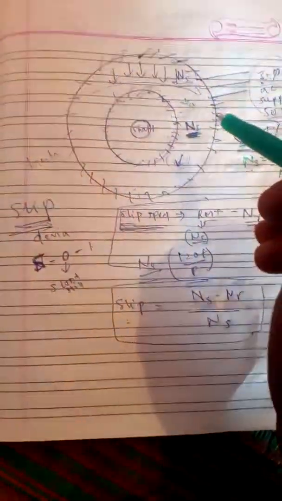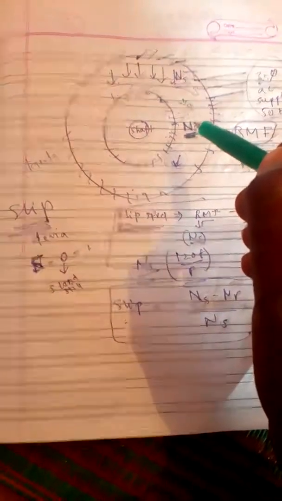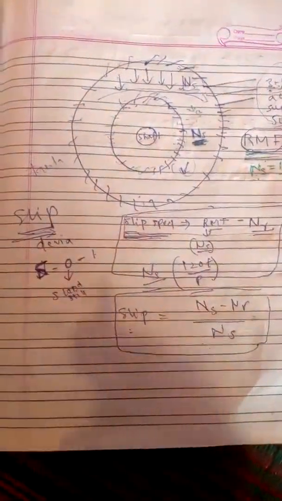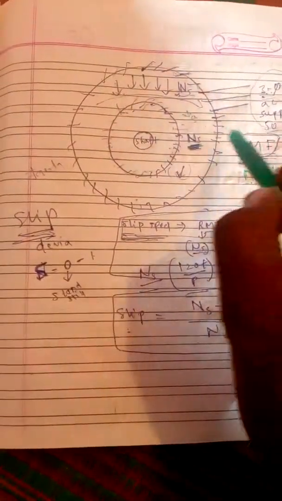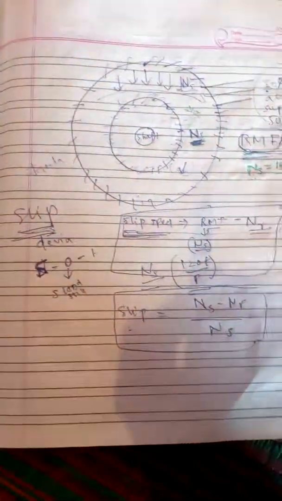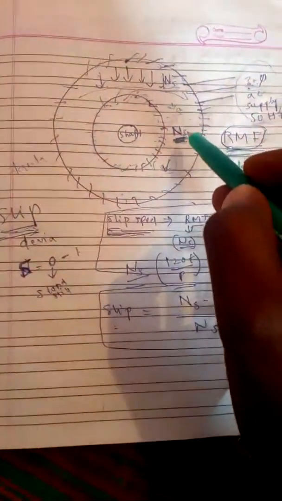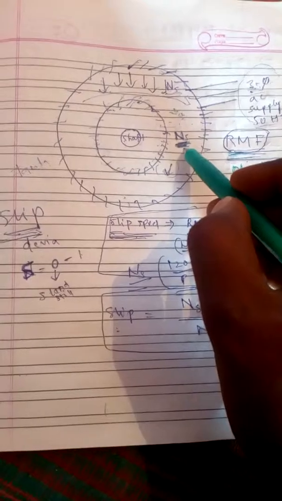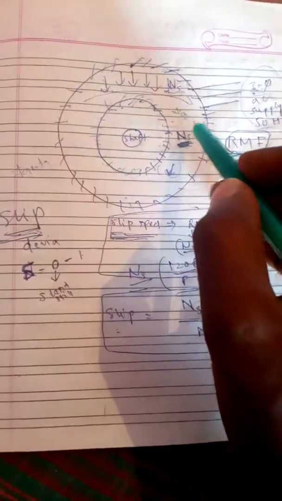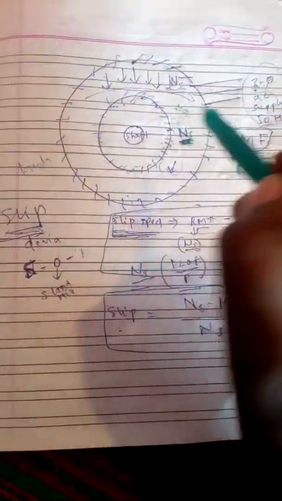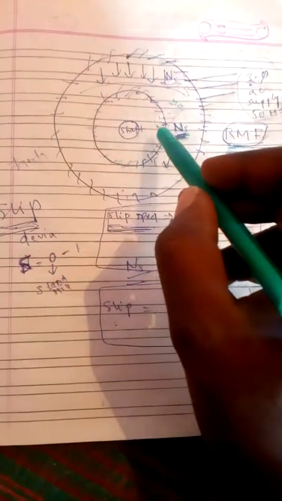So the rotor of the three-phase induction motor starts decreasing its speed, and in that condition there is no connection between the RMF and the rotor, and the rotor does not follow the stator field RMF. Whenever the speed of the rotor decreases from synchronous speed to some certain value, again a relative motion is created between the stator RMF and the rotor.